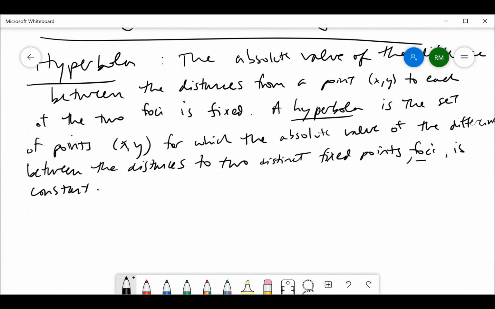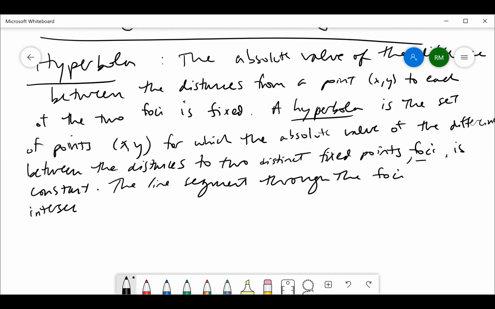All right. The line segment through the foci intersects a hyperbola at 2 points called vertices.